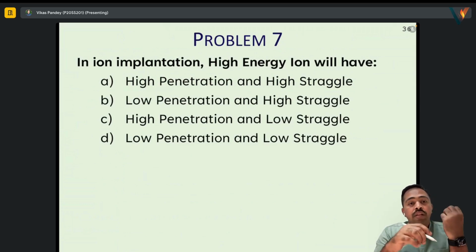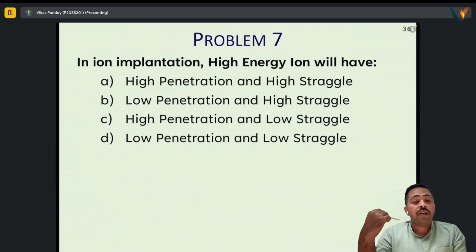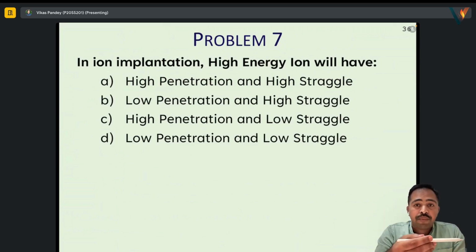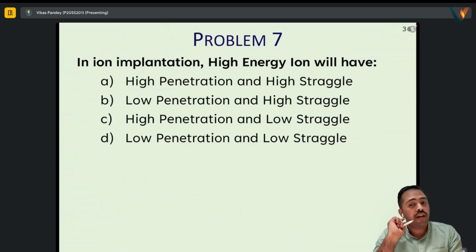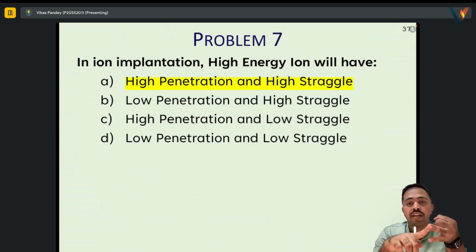When something is bombarded with higher energy, it will penetrate deeper and have higher straggle. So for high penetration and high straggle, we should have low mass, high energy ions.